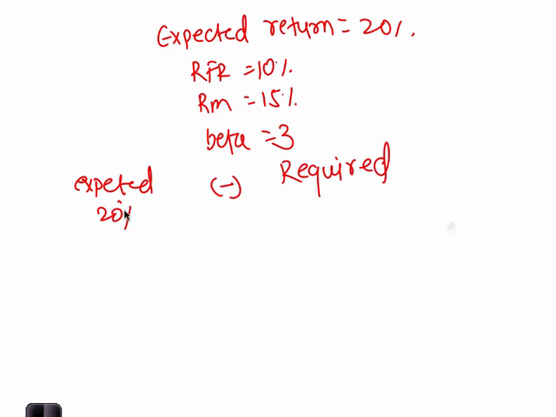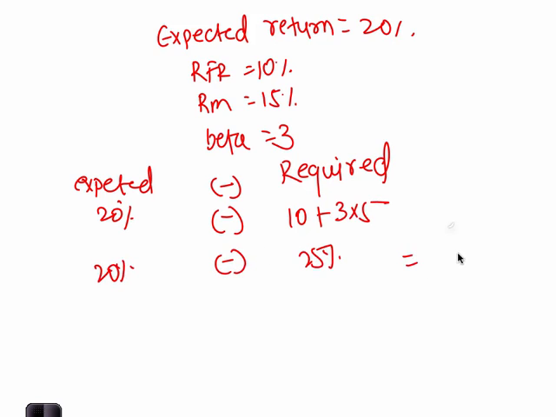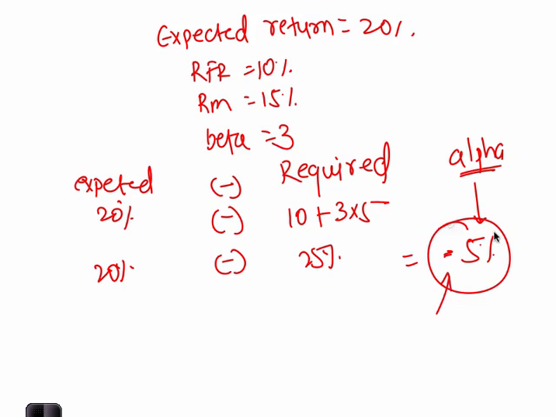Expected here is 20% minus required as per CAPM, so 10 plus 3 into 5, which is 25%. 20% minus 25%. Alpha is how much? Minus 5%. Is it good news for the investor? No, it is not, because he is earning less than what is minimum required. If alpha is negative, again the same conclusion: the stock is overvalued, it will lie below the SML.